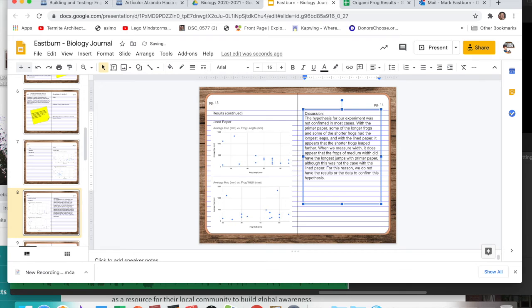And then we would have a conclusion. The conclusion is a nice, short, succinct statement about whether our hypothesis was confirmed or falsified.